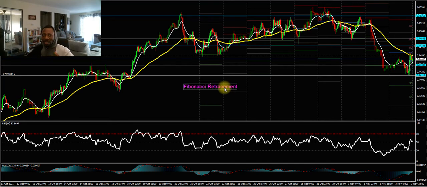Sometimes I will use it to determine my entry price to get into the market, and sometimes I will use it to know when exactly I should get out of the market. Like for instance, if you look at my screen today, I'm trading the Aussie dollar US dollar currency pair on a 1 hour chart.